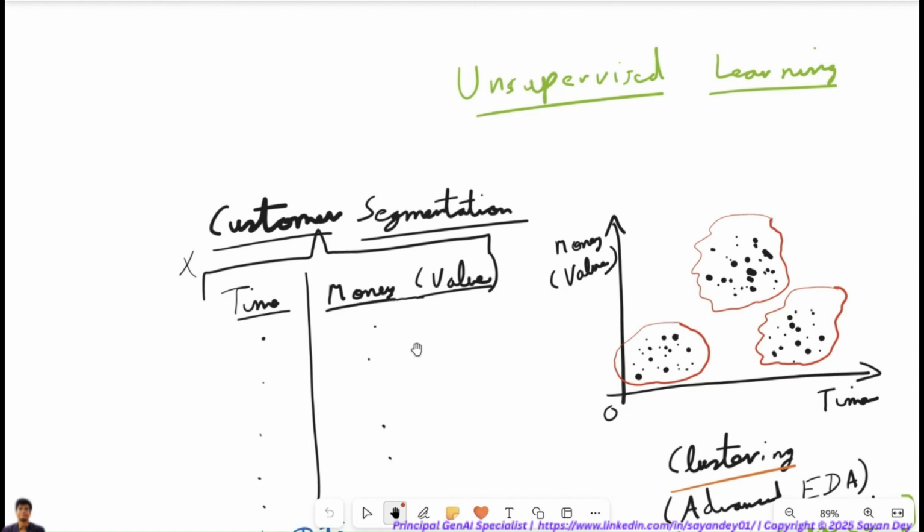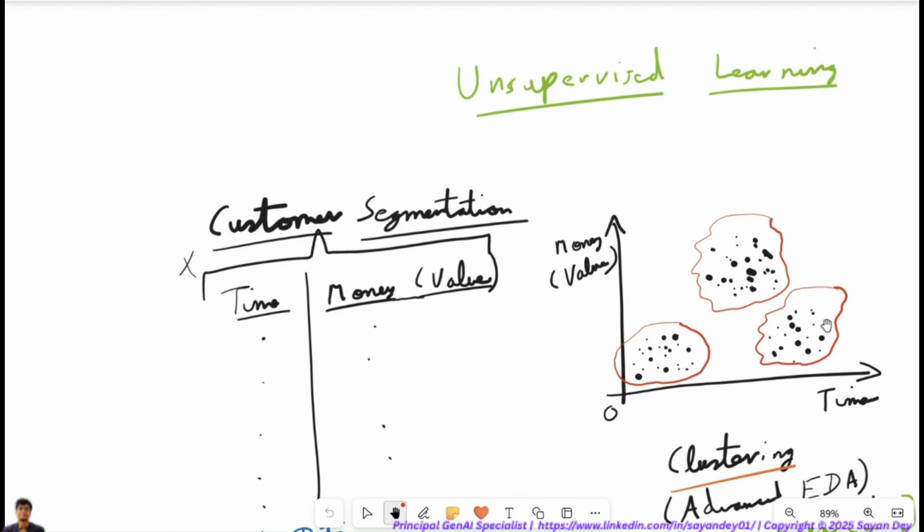What I can do is I can also try to visualize this data in a kind of scatter plot, you can see. So along the x-axis, I'm tracking the time. Along the y-axis, I'm tracking the amount of money spent, or the total value that the customer has contributed to Amazon. And this is how I can go and plot the data. Every single dot that you see on the screen, what does it correspond to?